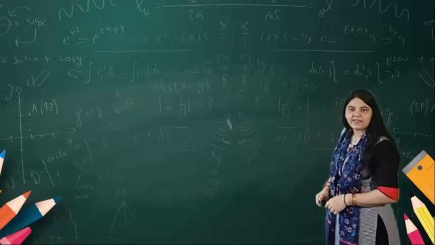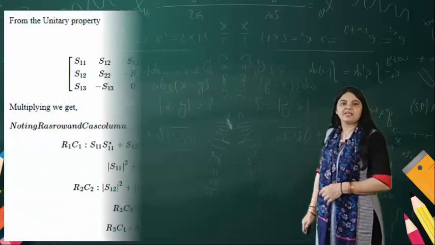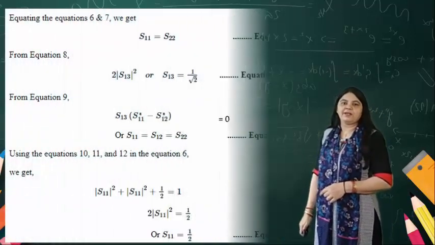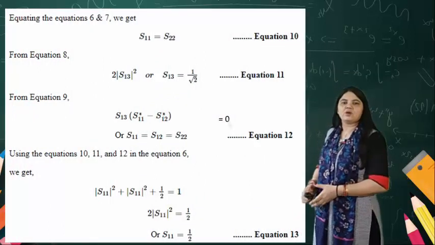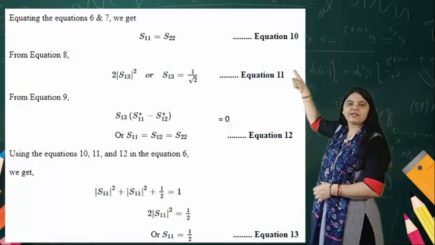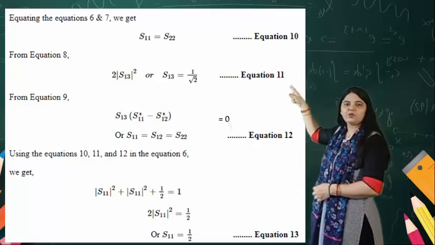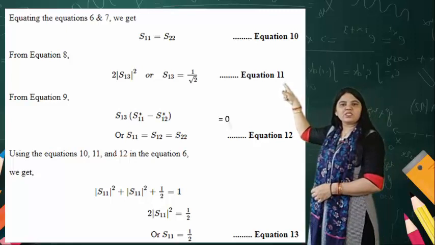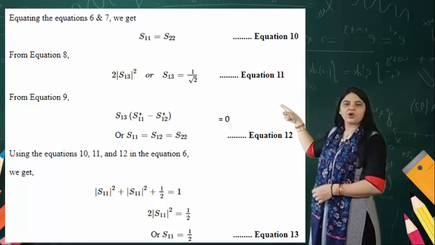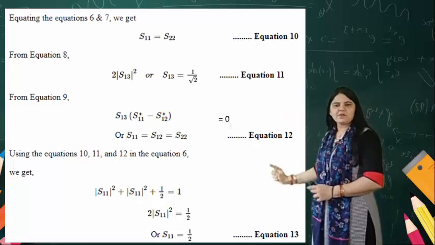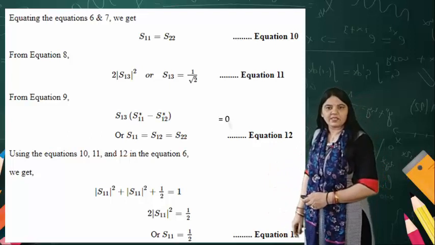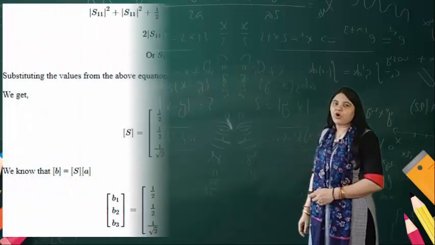By equating, S11 is equal to S12. From equation 8 we can write 2 S13 squared, so S13 is equal to 1 upon square root of 2. Similarly, S11 is equal to 1/2 by solving the equations. So we have all the values.